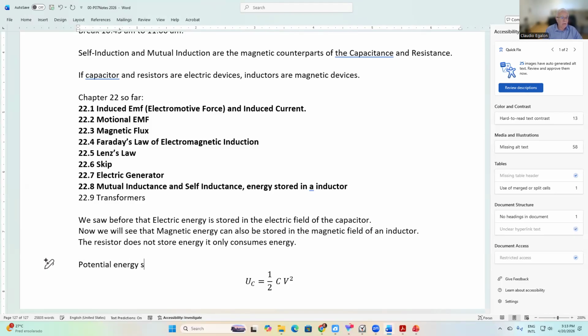Potential energy is stored in a capacitor, and we are going to see the counterpart for the inductor. This is for a parallel plate capacitor.